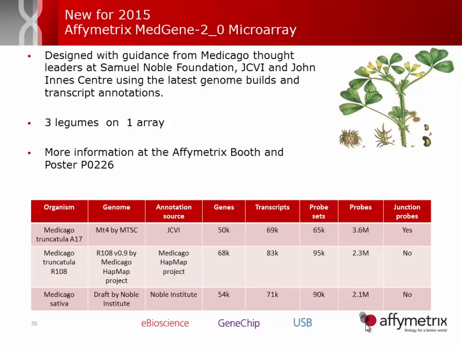And a real bonus for me is that it also has the ecotype M. truncatula R108. This is becoming used a lot more in the community, and to have that on the chip is a real boon, I think. And then also Medicago sativa is present there too. So if you haven't had a chance, please go and check out the poster on the new chip later.